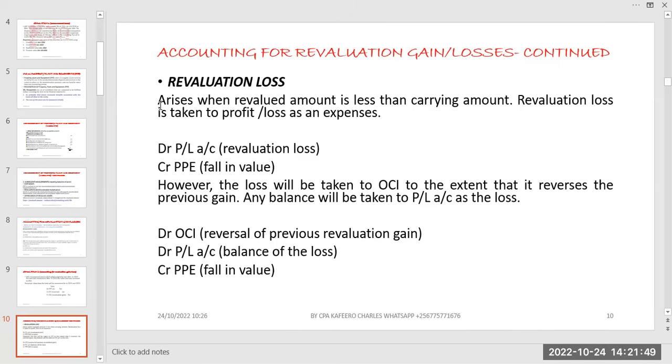What that means is that when we do other revaluations in the preceding revaluation and we get a gain, if at all we had made a loss, let's say we have made a loss today and we have done our revaluation and we've taken that to the profit and loss, it means we have understated our equity section in terms of the net profit we've taken there, because it is less by that amount of the loss.